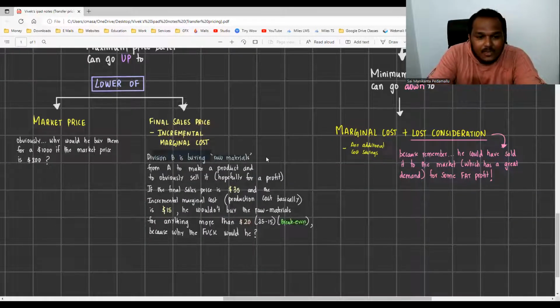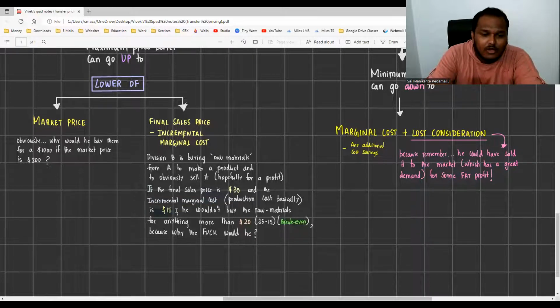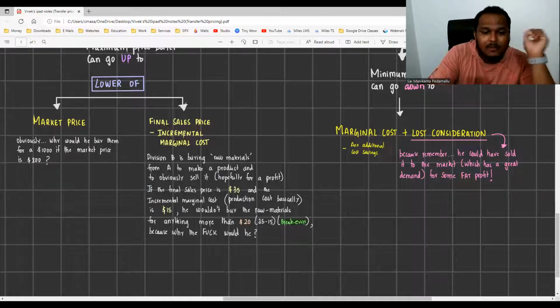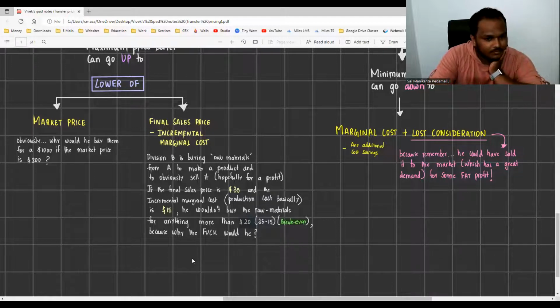So division B is buying raw materials from A to make a product and obviously sells it, hopefully to make a profit. If the final sale price is 35 and the incremental marginal cost, basically the assembling cost, is $15, then 35 minus 15. So even if they have to break even, the maximum price they can pay for raw material is only $20. Right?